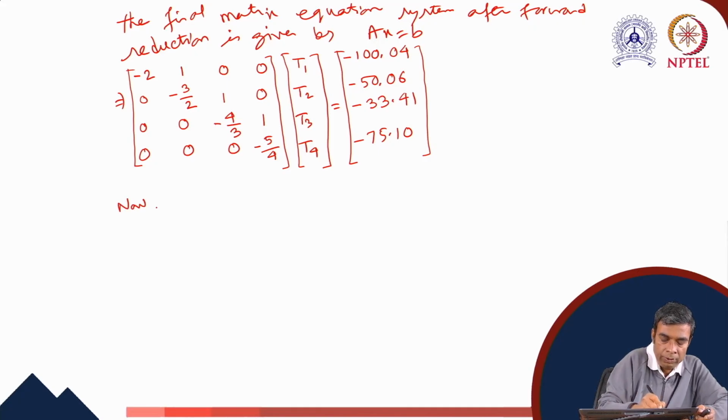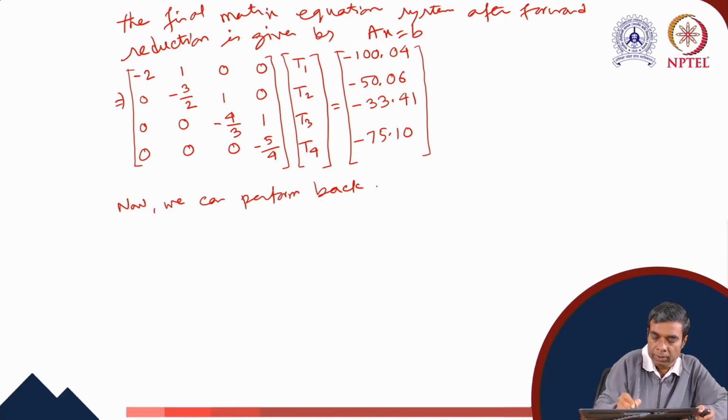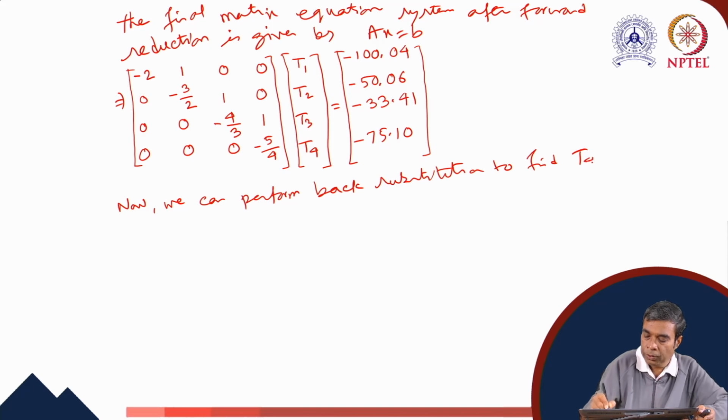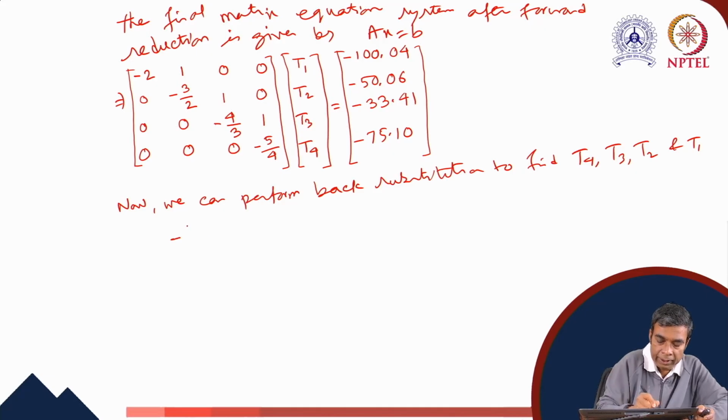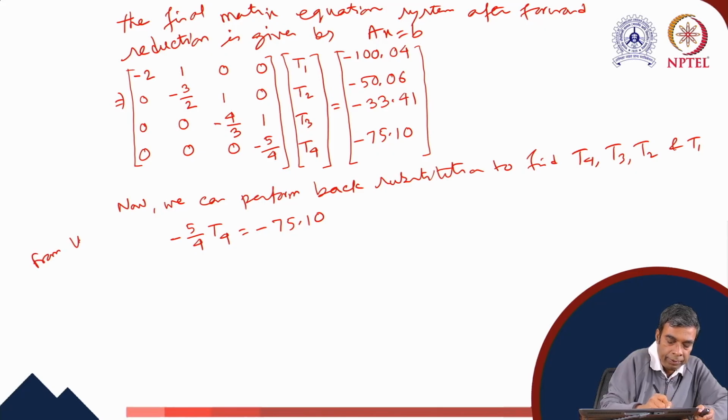Now we can perform back substitution to find T4, T3, T2 and T1. So the last equation gives us minus 5 by 4 T4 equals minus 75.10 from the last row.